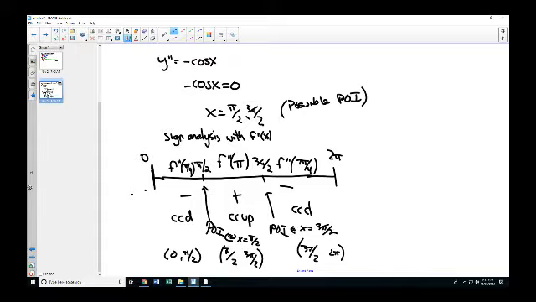What point would you plug in the sign analysis? You would choose points around it. So that point would be here. And you would choose a point to the left of it and to the right of it and check the concavity around it.